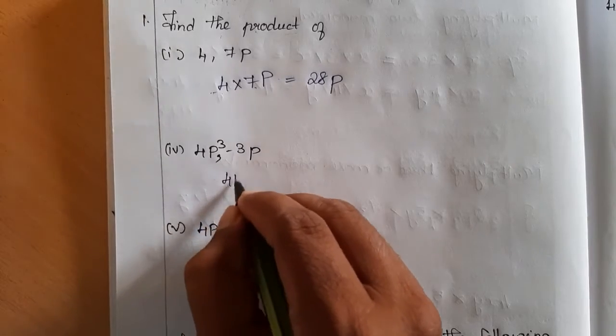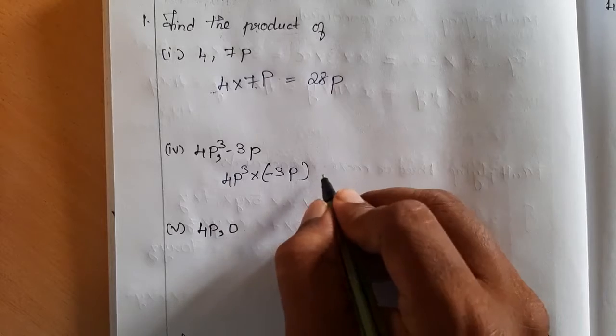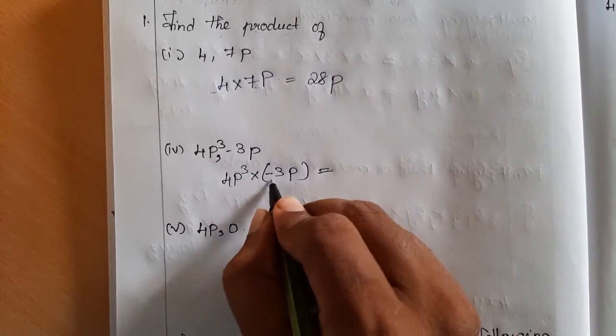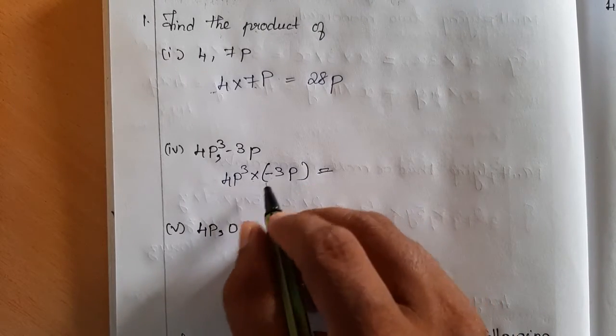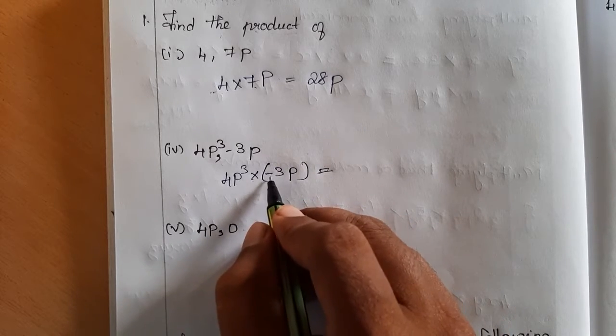4p cube into negative 3p. If there is a negative sign, just put a bracket to differentiate the two operations. You will be confused whether you have to subtract or multiply, that's why it's a negative number, not a subtraction.